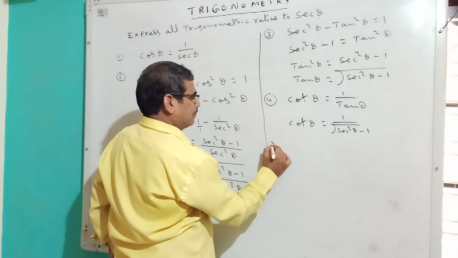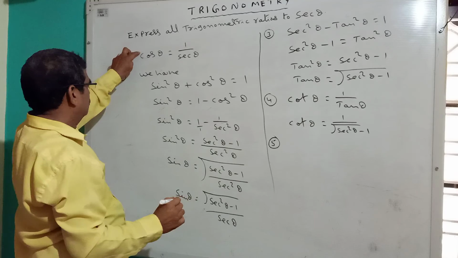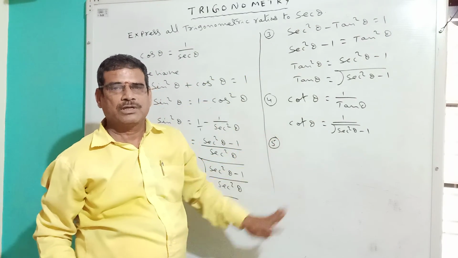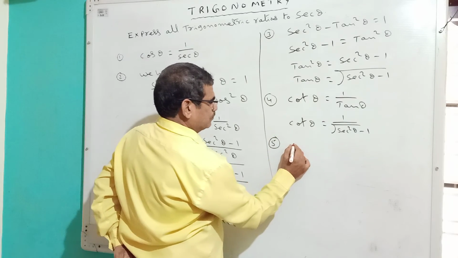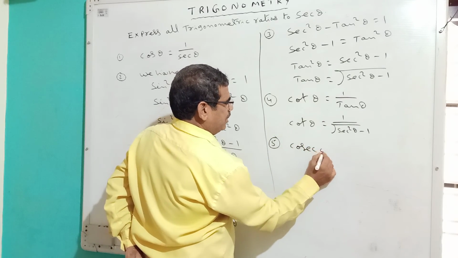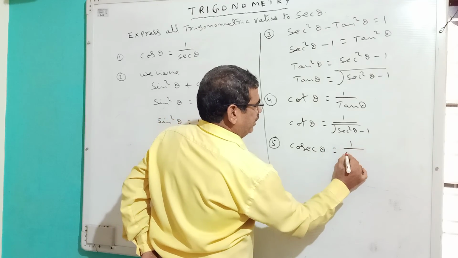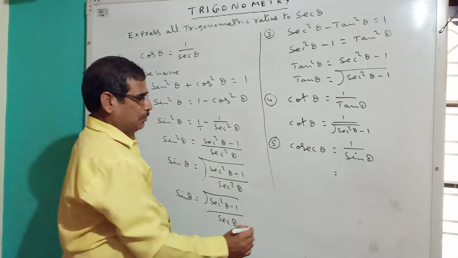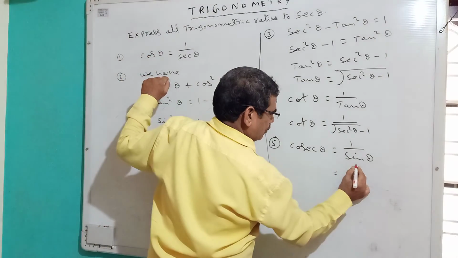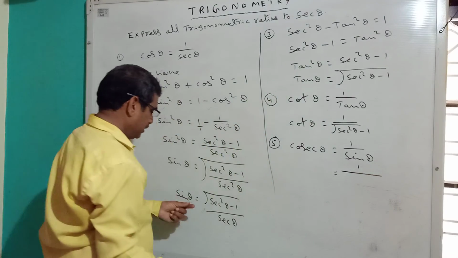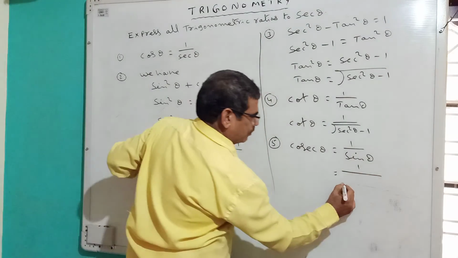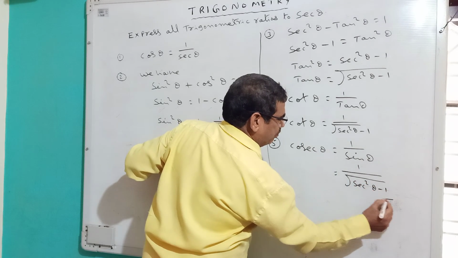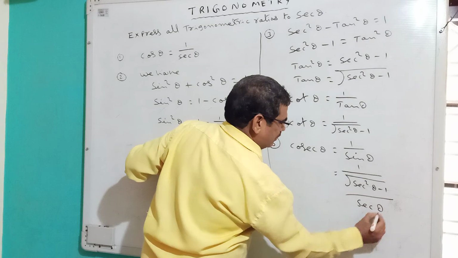So the last one, what is missing? Cos over, sin over, tan over, cot over. So cosecant is balanced. Cosecant theta is equal to 1 by sin theta. Sin theta is already proved. 1 by, what is sin theta? This one: root of secant square theta minus 1 by secant theta.